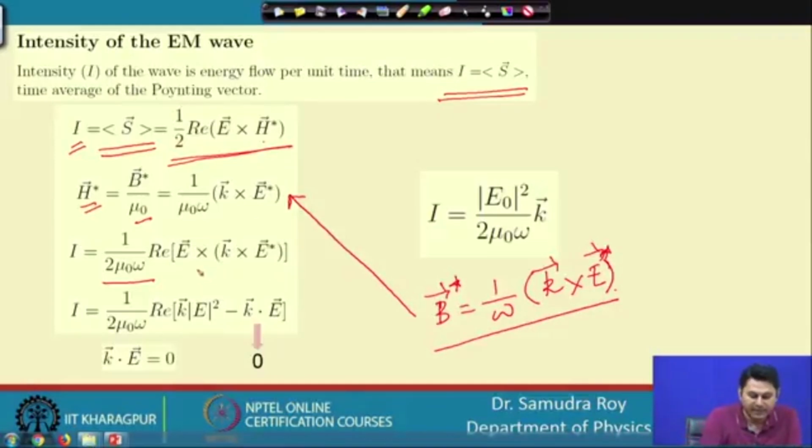Now, we have A cross B cross C, this is the form we are now having.